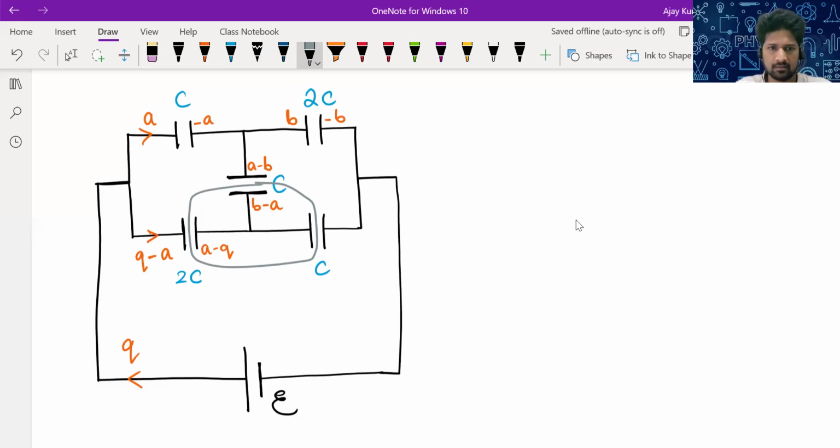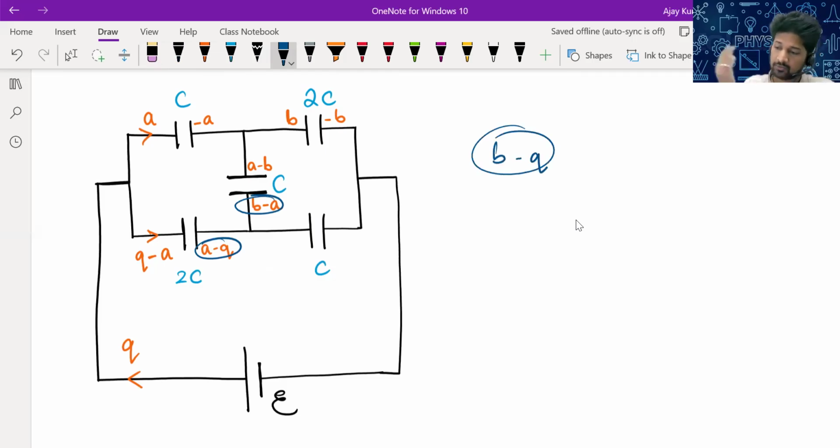Q minus B. It will be Q minus B. The sum of these already existing charges, B minus A plus A minus Q, is B minus Q. The opposite of that should be on the other plate such that the net charge becomes 0 in that isolated region. So on that plate, it will be Q minus B. Then here it will be B minus Q.